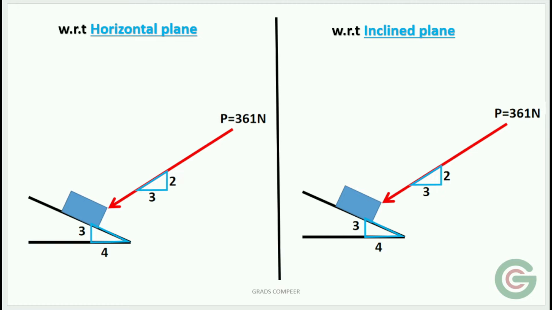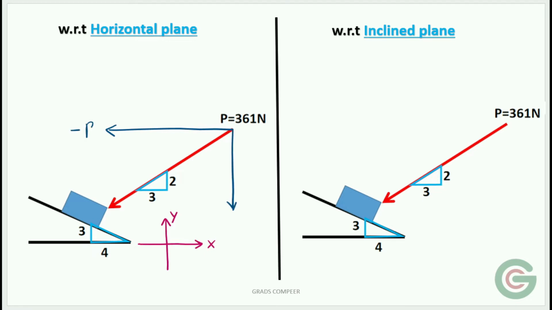With respect to the horizontal plane means the x-axis should be drawn parallel to the horizontal plane and the y-axis should be drawn perpendicular to the horizontal plane. Now second one, indicating the directions of components of force P. The x component should be drawn parallel to the x-axis and the y component should be drawn parallel to the y-axis.